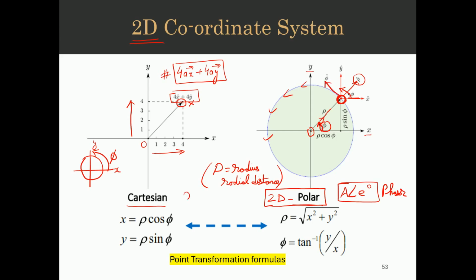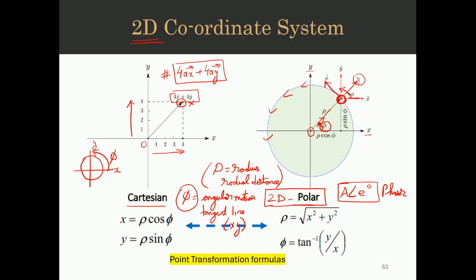So the value of phi is basically the angular motion, or the tangent line to a circle. So this is what phi is.